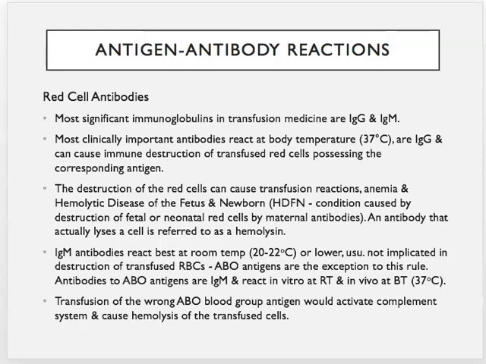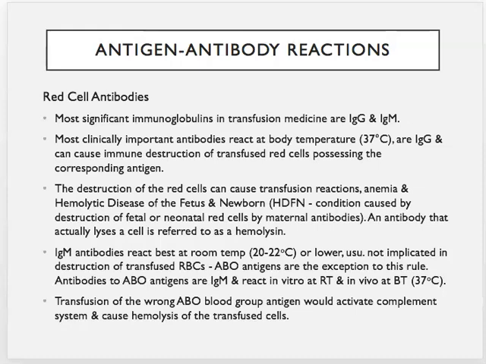Your IgM antibodies are going to react best at room temperature, which can be defined as usually somewhere around 20 to 22 degrees, sometimes a lower temperature. Your IgM antibodies are usually not going to be implicated in destruction of transfused red cells. ABO antigens are the exception to this rule, though.